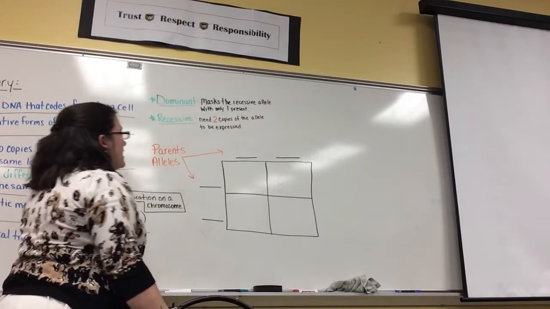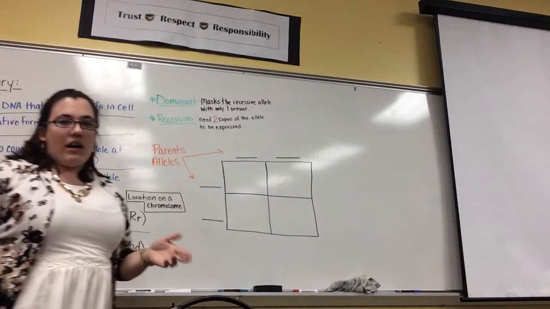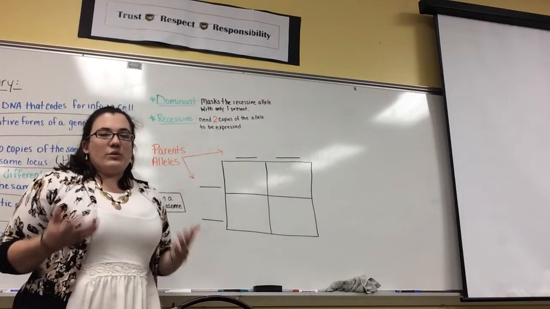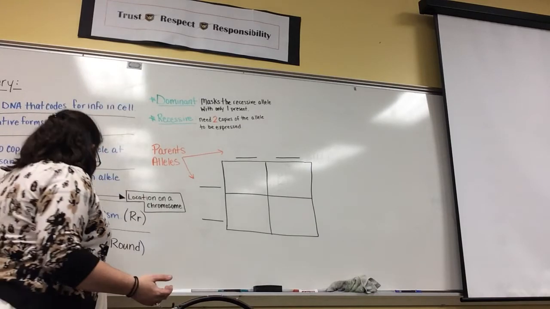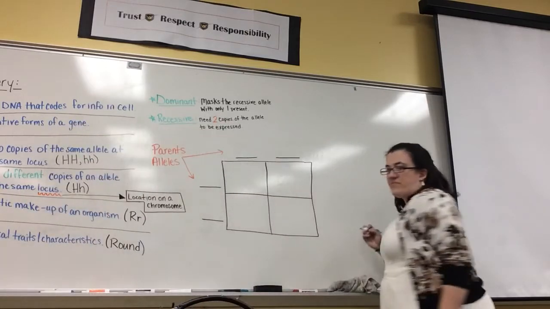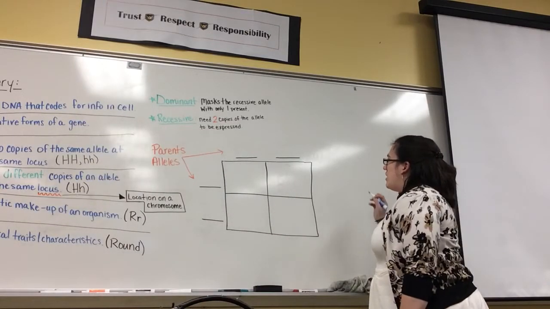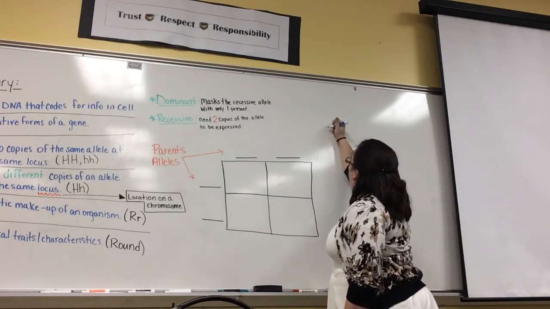And so for instance, let's do an example. If we're talking about pea pods and we talk about round versus wrinkled, that's one that Mendel studied extensively. So if we talk about that, round is going to be dominant to wrinkled.